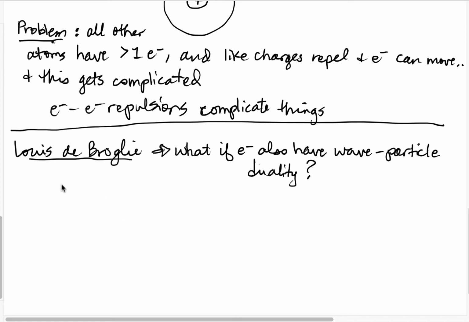So Louis de Broglie looked at Einstein's famous equation E equals mc squared, which is where we can relate the energy of something with the speed of light and its mass. And this mostly gets used when we look at the mass conversion of nuclear particles, which we'll be doing next semester. And he said, well, since this is working at the speed of light, let's just pretend that light has a momentum.